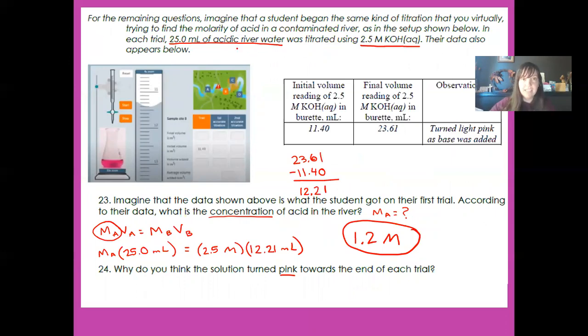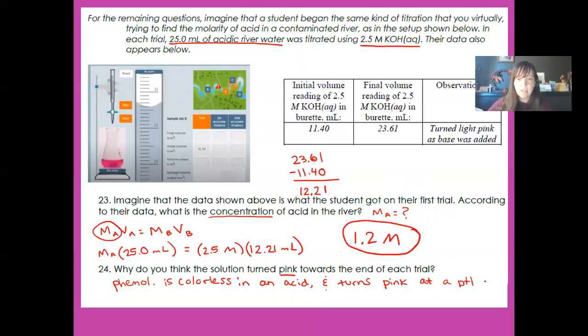Well, we started off with an acid, and phenolphthalein is colorless in an acid. It turns pink at a pH of 8 or above. So as the base was added, the solution was neutralized and then moved into a tiny bit basic, and that's when it turned pink.